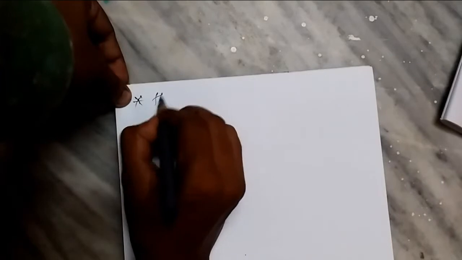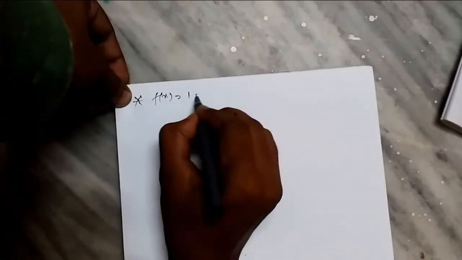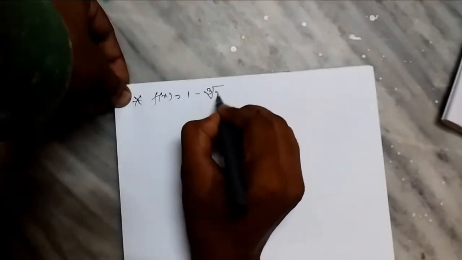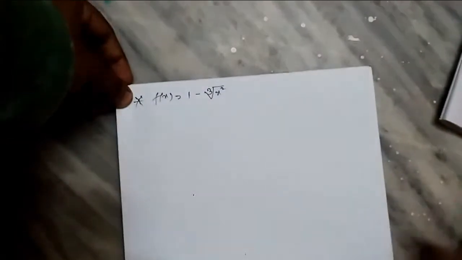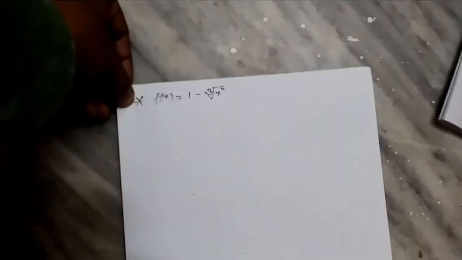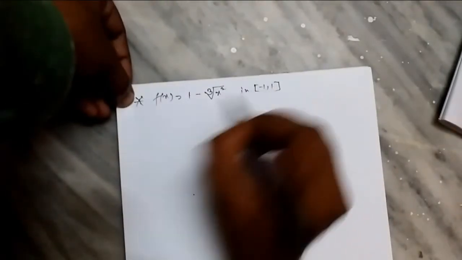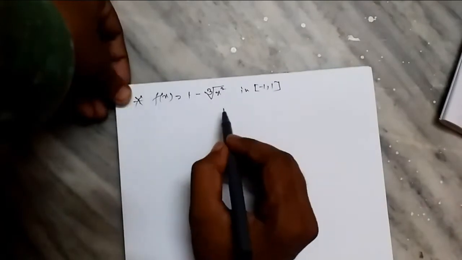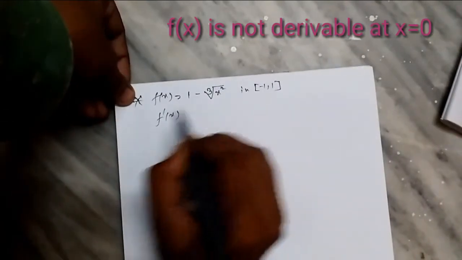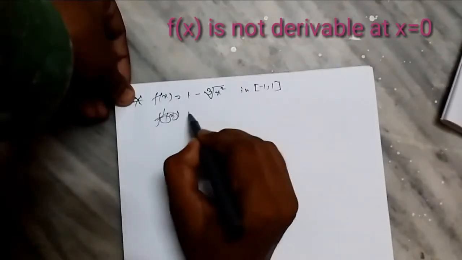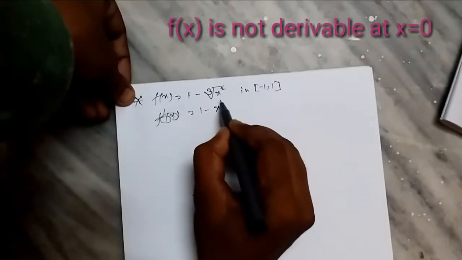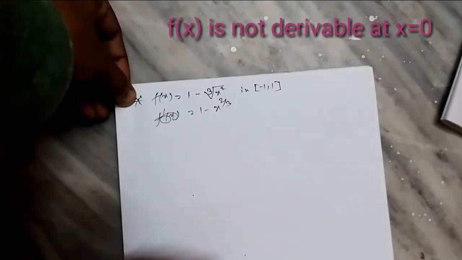Okay, let us take another problem. Suppose we take the function f of x equal to 1 minus the cube root of x square in the interval minus 1 to 1. If we simplify this, it will be 1 minus x to the power 2 by 3.